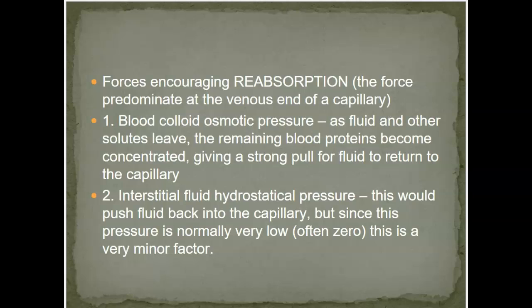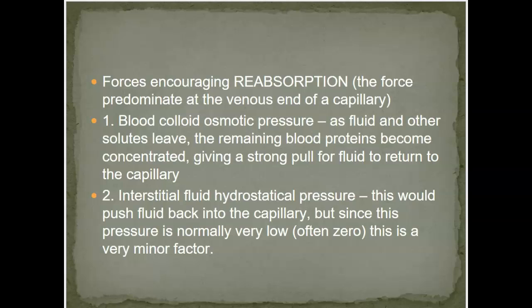So there is an interstitial fluid hydrostatic pressure right there, and that will also push. As you push fluid into that space, the pressure builds up, and it pushes the fluid back into the vein side because fluids move high to low. And when you enter the capillary on the arterial side, by the time you get to the venous side, the blood pressure on that venous side should be at or near zero.